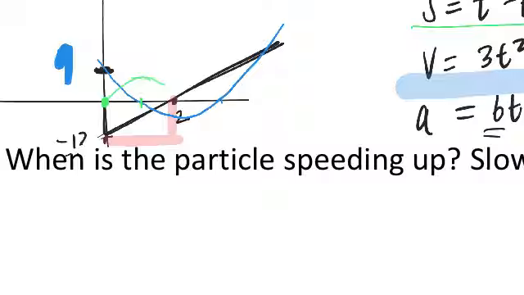And that also matches up with what we said about moving forward and moving backward, right? When the velocity is positive, the position is moving forward, the position is increasing. When the velocity turns negative, then the position starts to move backward.